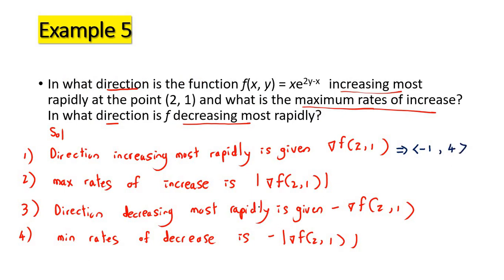If the direction is of most rapid decrease, you have the negative of the gradient vector, so 1i minus 4j.